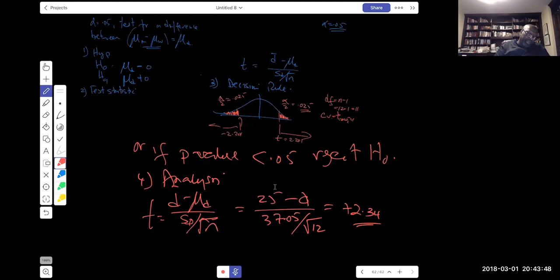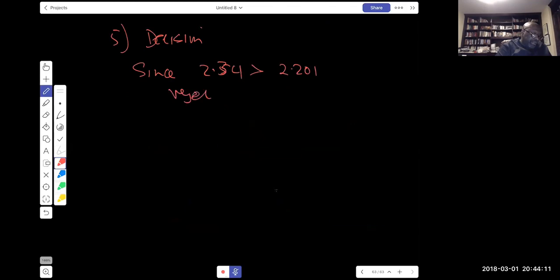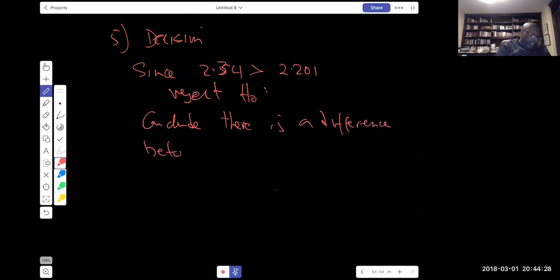So for 5, our decision will be, since 2.34 is greater than 2.201, we will reject the null hypothesis, and we conclude there is a difference between the mean math and writing scores.